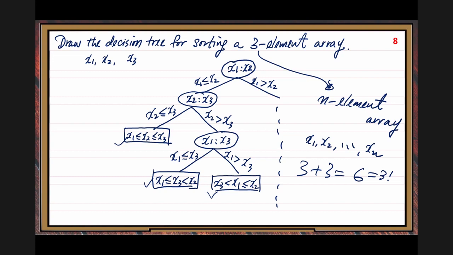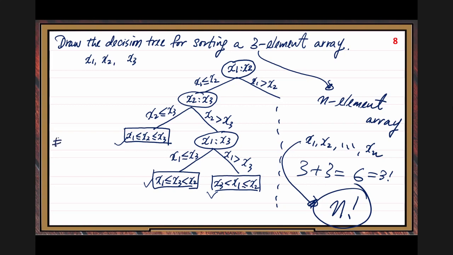For n elements, should we get n factorial different sorting results, n factorial. And this n factorial number we can interpret as the number of leaves of the decision tree. Here, let me write.